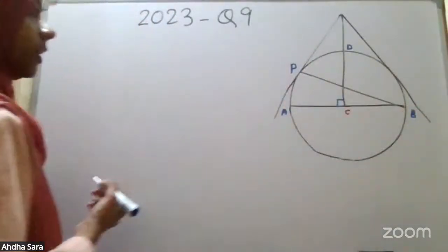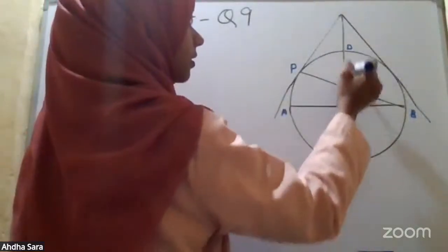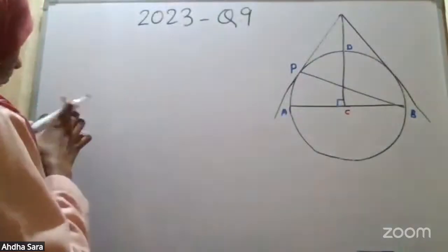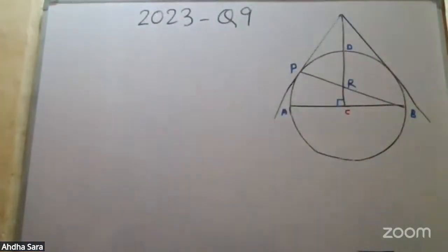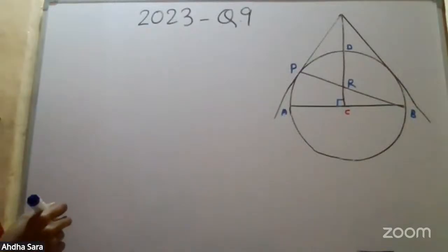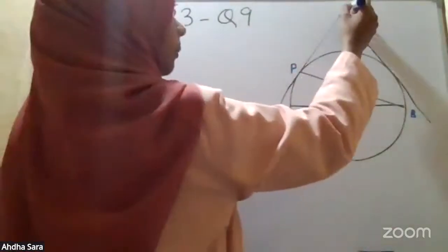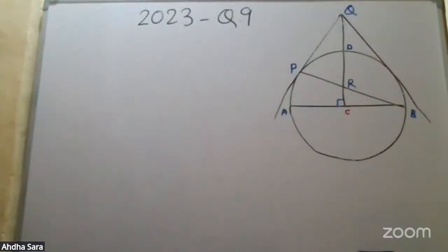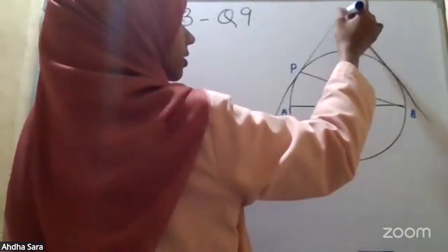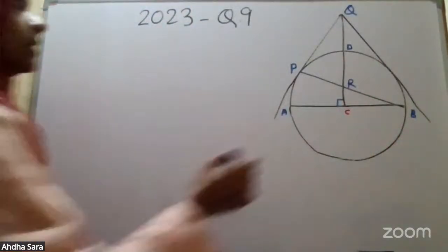A straight line joins the point P and point B, and it intersects the radius CD here at R. The tangent to the circle at P and the line CD, they extend and meet at point Q. The other tangent to the circle drawn from Q meets the circle at S.